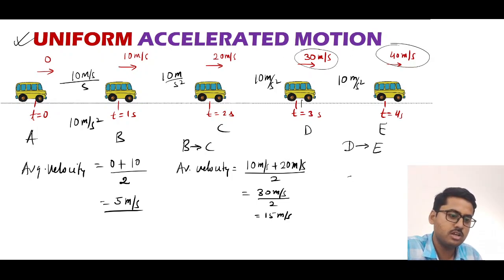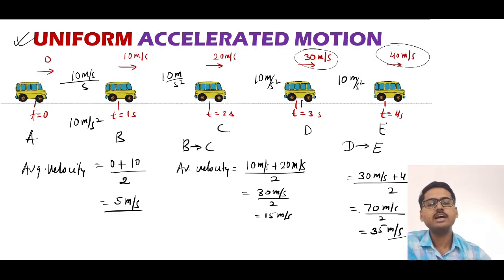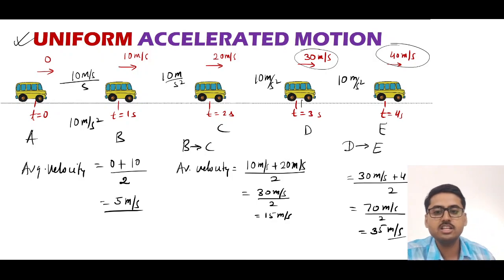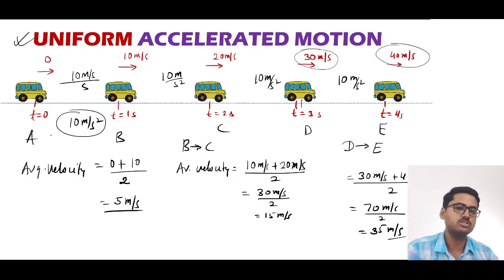So this is 30 meters per second plus 40 meters per second divided by 2, that is 70 divided by 2, and that is 35 meters per second. So this is how we calculate the average velocity. But this is true for uniformly accelerated motion, where acceleration is constant. The rate at which velocity is changing is not changing.